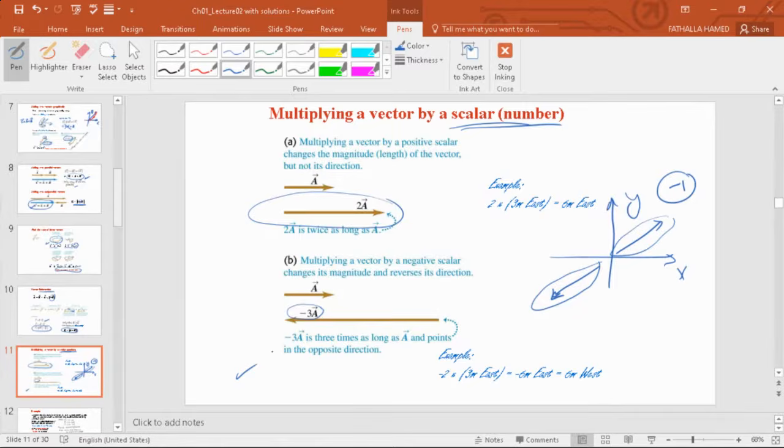So that's basically dealing with vectors. You can multiply them by scalar to change direction or to change magnitude. And we already talked about how to add and subtract vectors. Is this clear? Any questions on these? Okay.